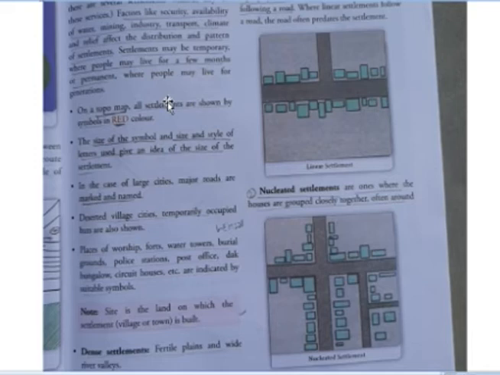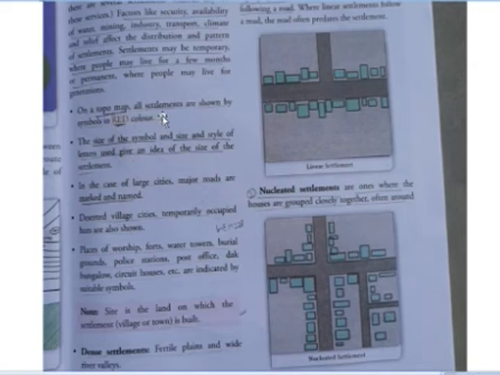Those civilizations started on the bank of a river, because water is the basic necessity of life. So apart from water, there are various things which affect the settlement.